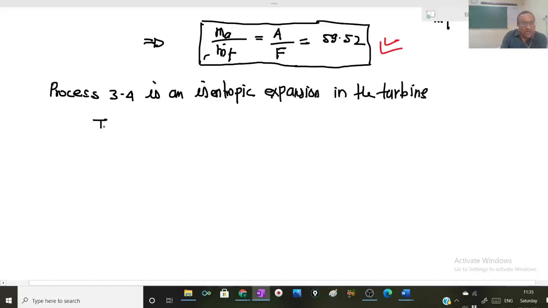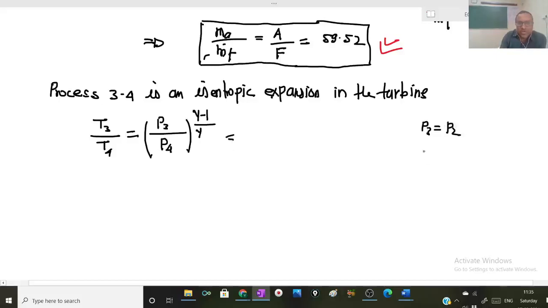Similarly, from thermodynamics, T3 over T4 will be equal to P3 over P4 to the power gamma minus 1 over gamma. As P3 is equal to P2 and P1 is equal to P4, isn't it?